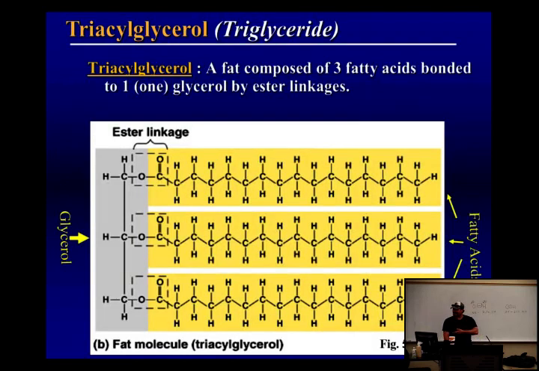Okay. And then there's animal fats, right? Like lard and butter and stuff like that. So all of these are fats. They're all triglycerides. What makes them different is the length and shape of the fatty acids in them. That's the only thing that makes them different.